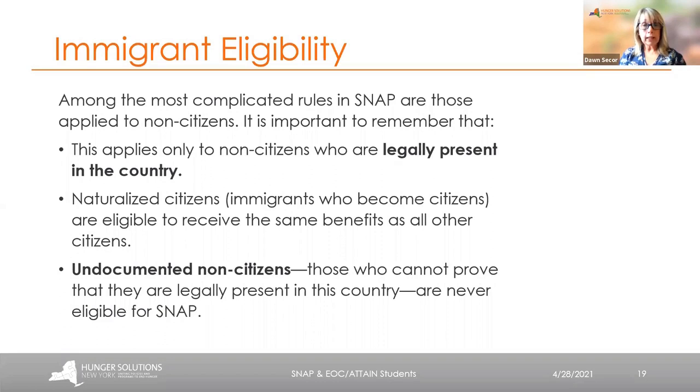But undocumented non-citizens, those who aren't here legally and cannot prove that they're here legally, are never eligible for SNAP. Households containing ineligible non-citizens can still apply for SNAP if someone in the household is an eligible non-citizen or US citizen. So for example, an undocumented parent can apply for SNAP on behalf of their eligible non-citizen or citizen children.